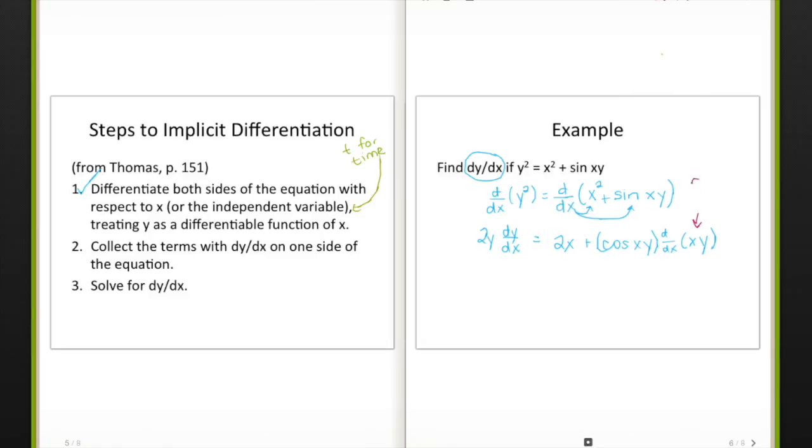Now, don't be fooled by this. Please make sure to remember in this chain rule that you use your product rule. This would not just be y as an answer. We do need to go ahead and use our chain rule and our product rule here. Our product rule would tell us that the derivative of xy would be 1 times y plus x times dy dx.